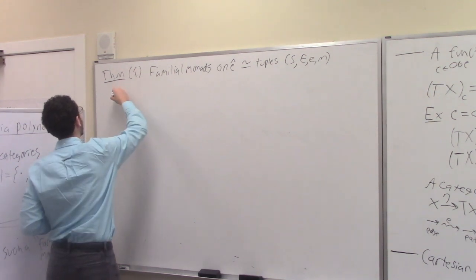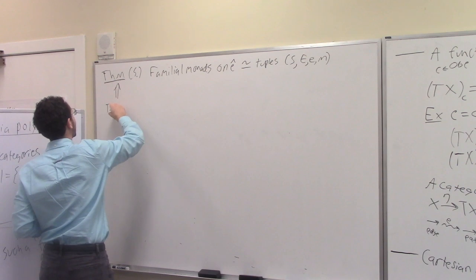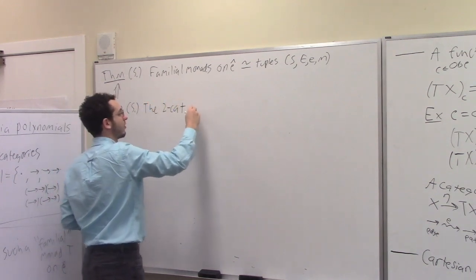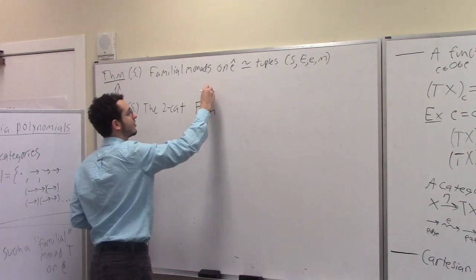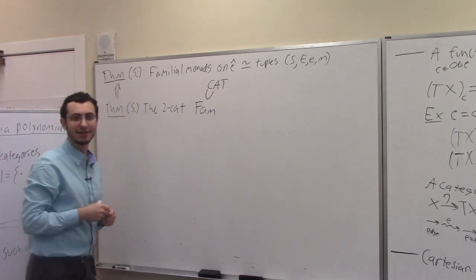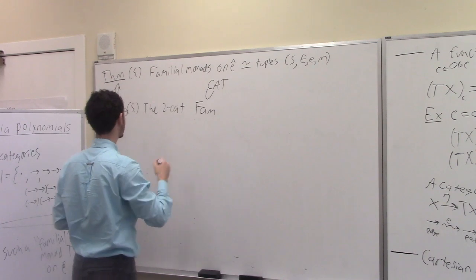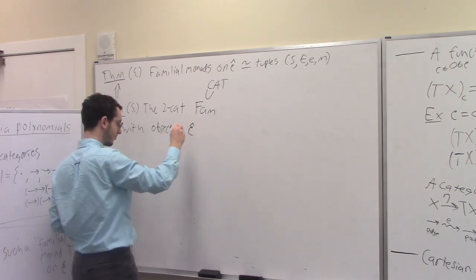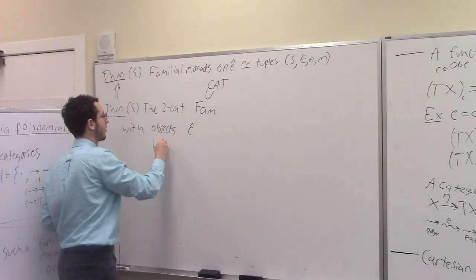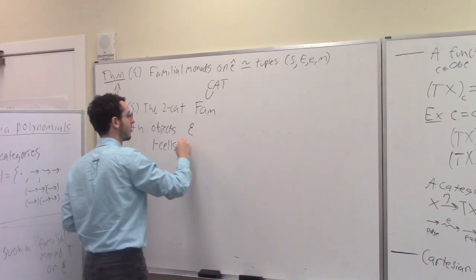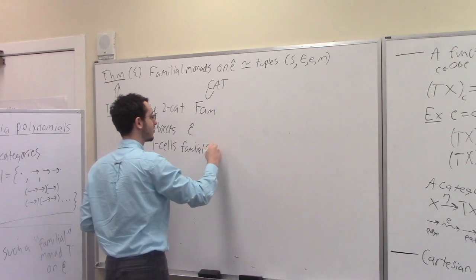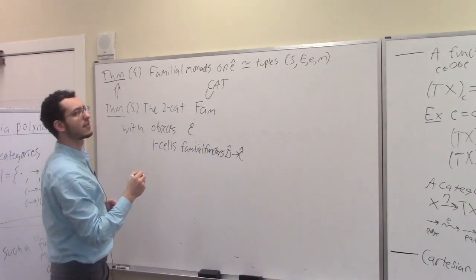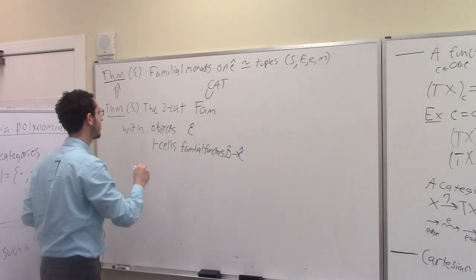So this turns out to be a corollary, in fact, of the following theorem, which is that the 2-category, which I'm going to call Fam, and is a subcategory of capital Cat, of locally small categories and functors and transformations, has objects given by these presheaf categories, morphisms or one-cells are familial functors, and if I haven't said what that means in general, it's functors which look like that, but I'll repeat it again in a moment.